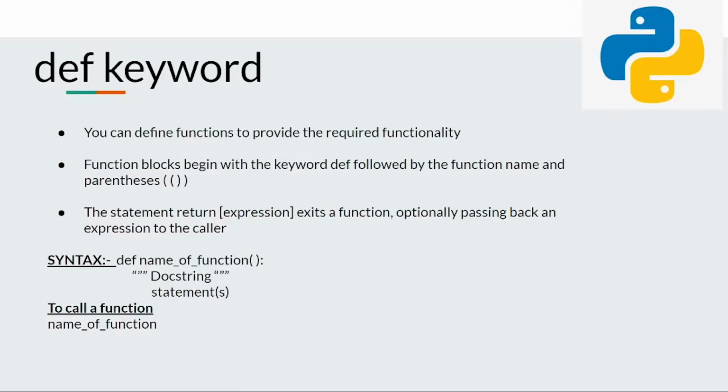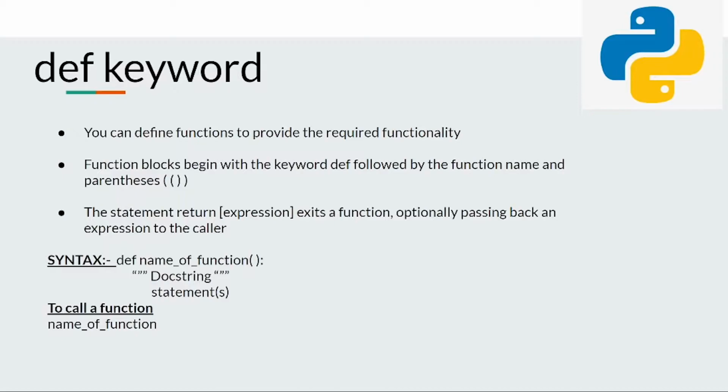So here you can see a function, which is often termed as def. The def keyword, you can use to define functions to provide the required functionality. This function block begins with the keyword def followed by the function name and parentheses. The statement return followed by the expression exits a function, optionally passing back an expression to the caller.